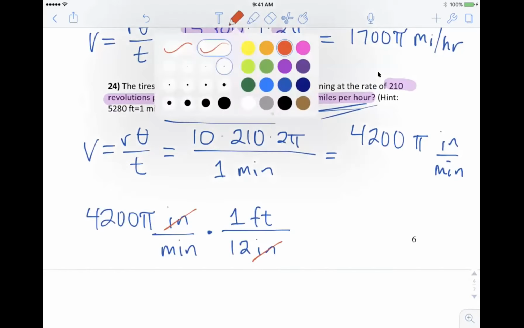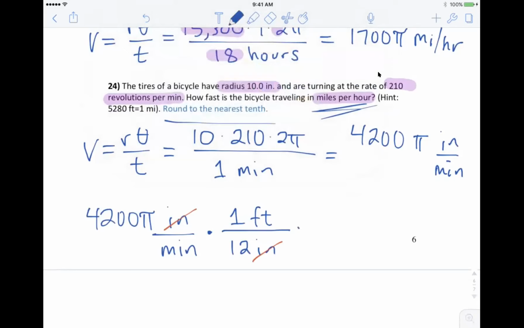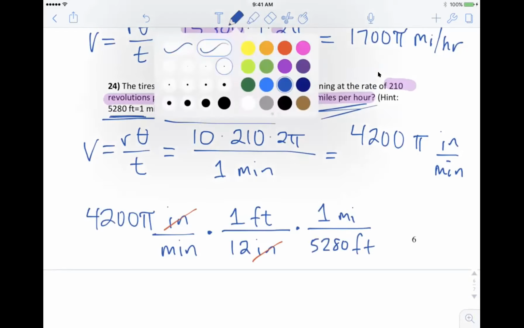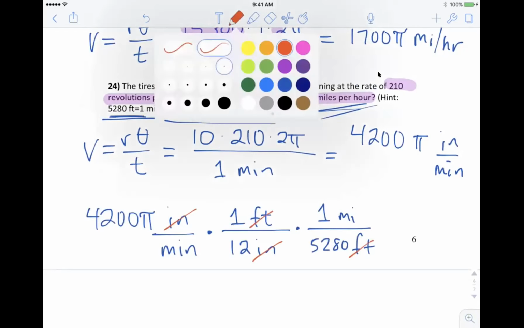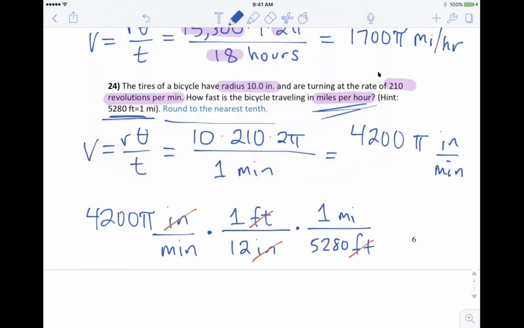I got to keep going. So the next one, let's get rid of the feet. So there's right there, gave me a clue, 5,280 feet per 1 mile. That's good because now the feet cancel and I'm left with miles. So if I stop now, I've got miles per minute.